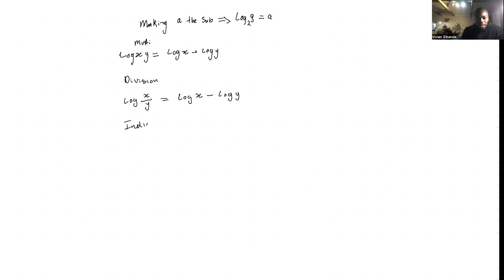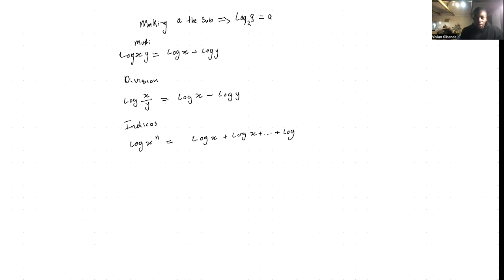And then if you have indices, this means that you have log of x to the power of n. Now you can say this is simply log of x plus log of x until you have log of x n times.